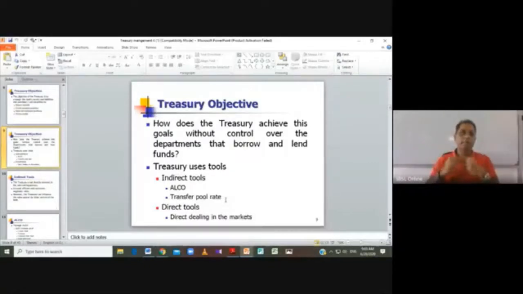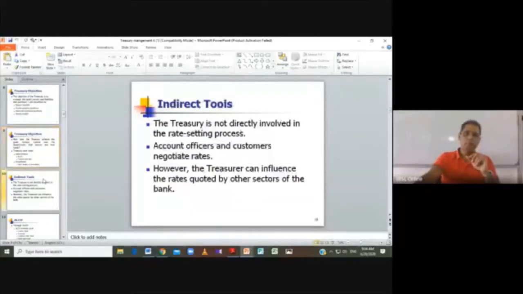I am going to manage my risk at this rate. Then the guy who's borrowing and the guy who's lending will decide whether it is worthwhile borrowing at 12% or lending at 14%. They will think twice because of where the transfer pricing rate is. We'll go into that a little bit.